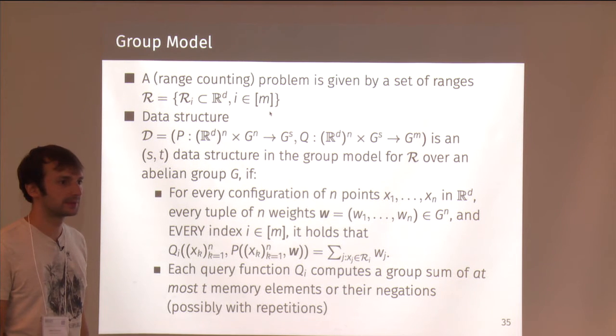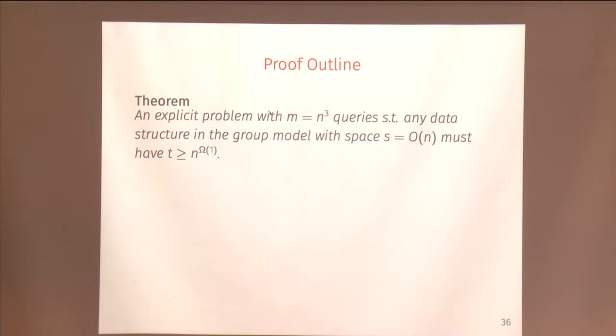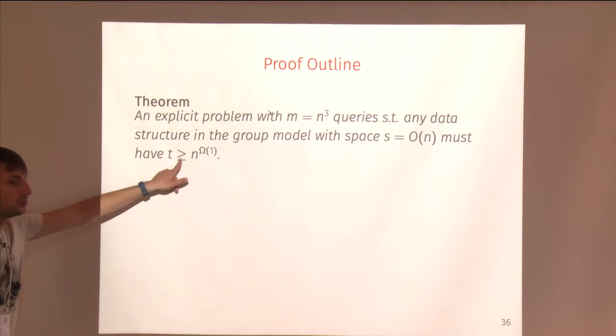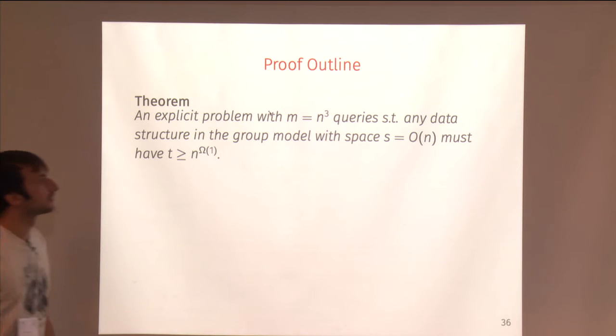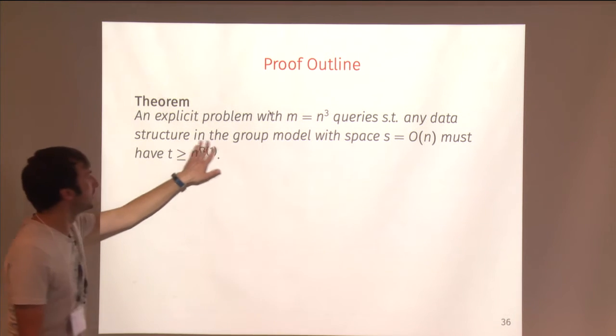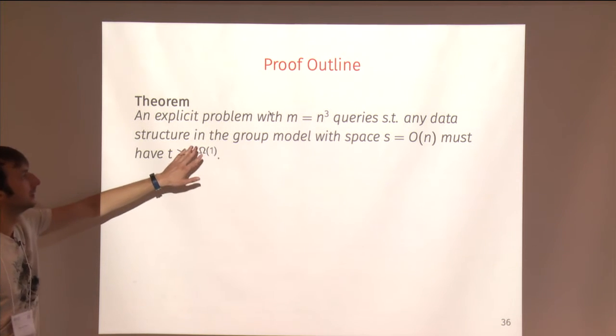So the main result here is that we'll give an explicit set of n cube ranges, such that any data structure in the group model with linear space must use polynomial query time. The lower bound is essentially our dream. The lower bound is good.